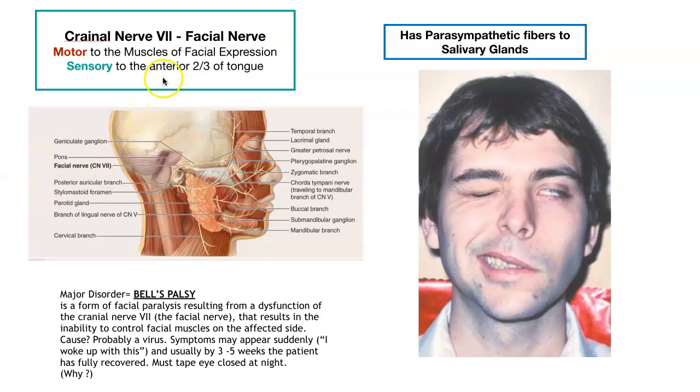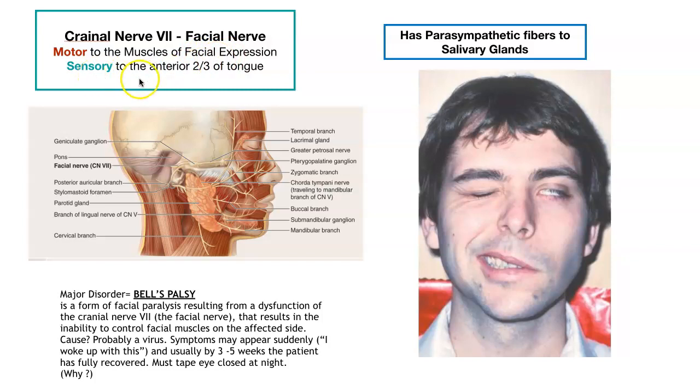But remember, the motor of the trigeminal nerve is to the muscles of mastication. Cranial nerve 7, the facial nerve, is motor to the muscles of facial expression. So always remember, facial nerve, muscles of facial expression.